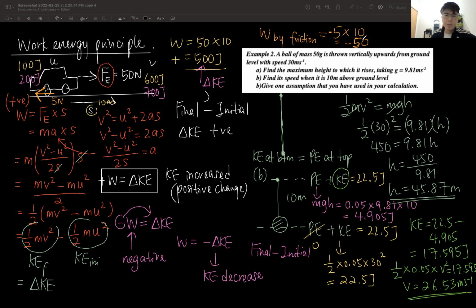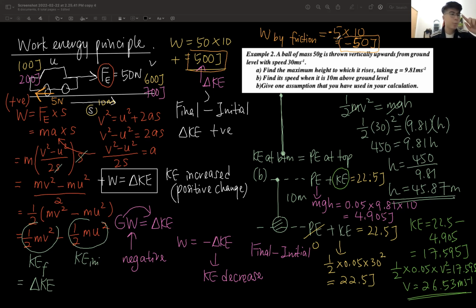Minus 50 joules of work done is the amount of kinetic energy decrease. So you increase 500, then the friction takes away 50. Overall, your kinetic energy change is an increase of 450.